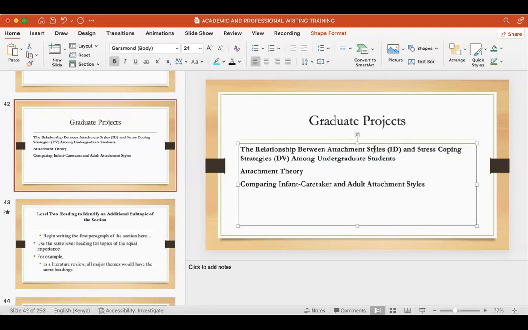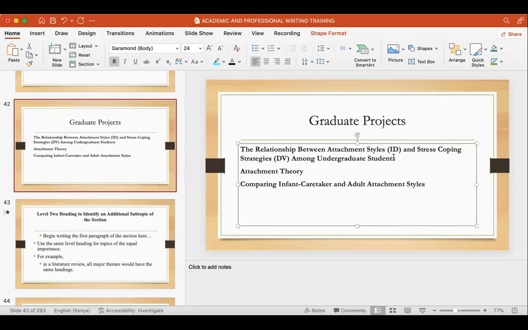But you remember you are talking about attachment styles. The way attachment styles are conceptualized in children is different from the way attachment styles are conceptualized amongst adults.